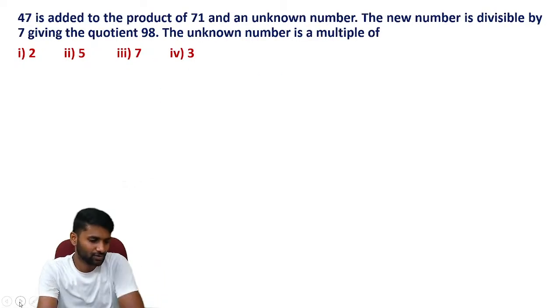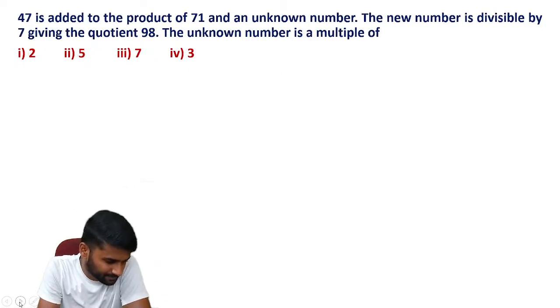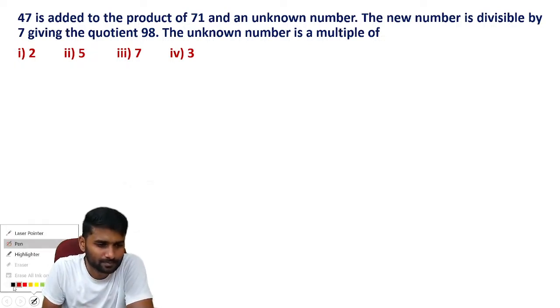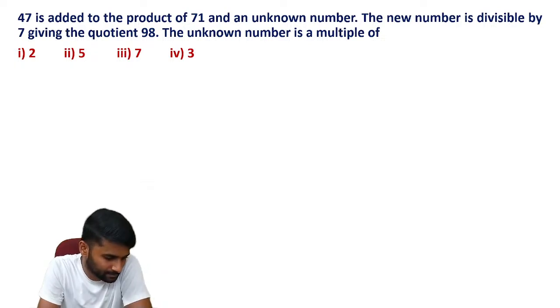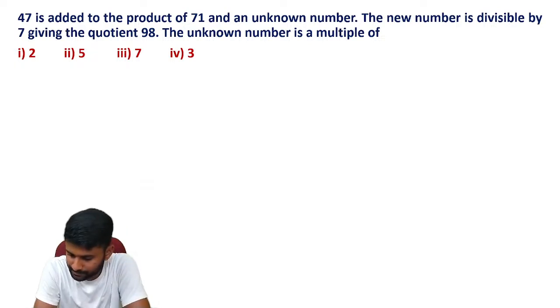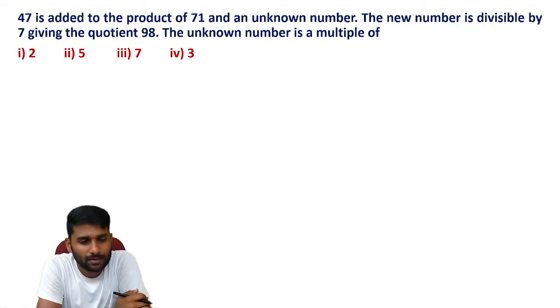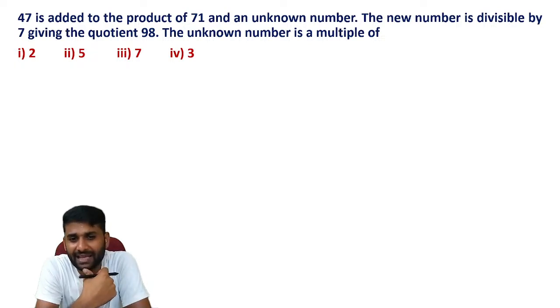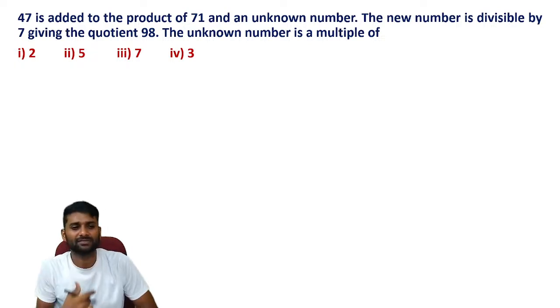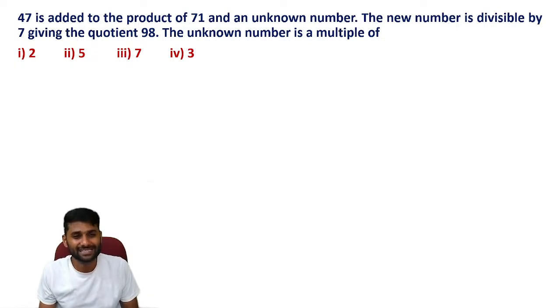Next, go through this question. Now see, if 47 is added to the product of 71 and an unknown number, the new number is divisible by 7 and gives quotient 98.